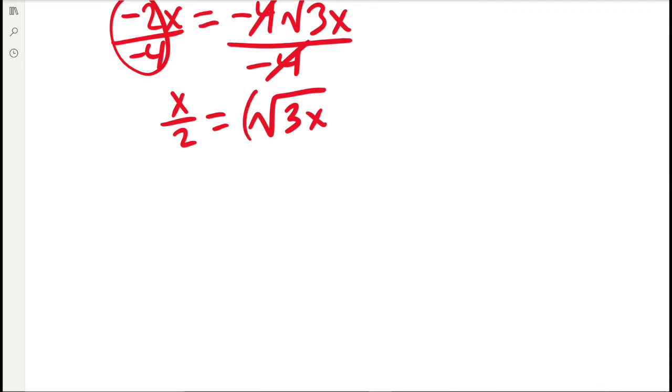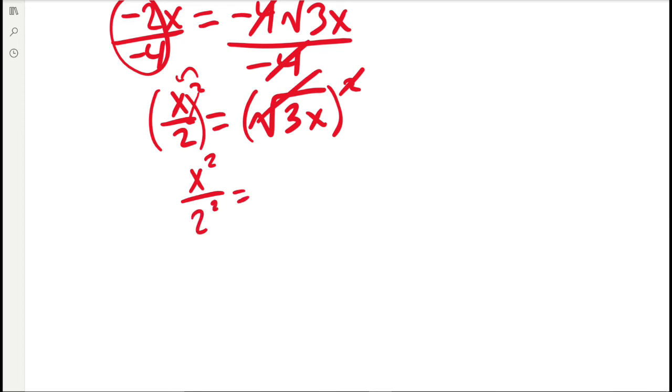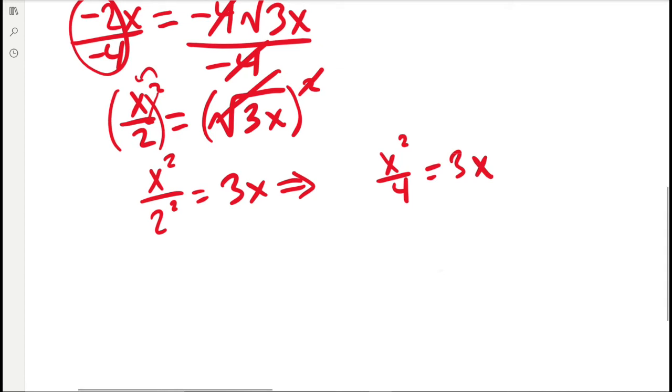I can go ahead and square both sides. So we get x, remember to distribute the square to both. So you get x squared over 2 squared equals 3x. I'm going to go ahead and rewrite this. So I got x squared over 4 equals 3x. I'm going to go ahead and multiply the 4 on both sides just to get rid of that fraction. You get x squared equals 12x.